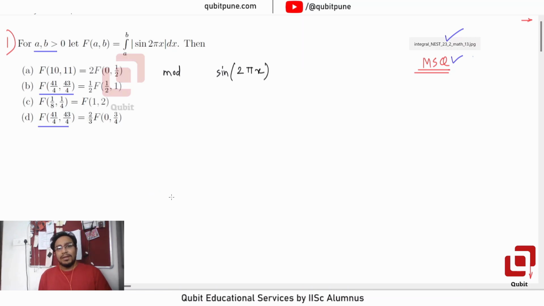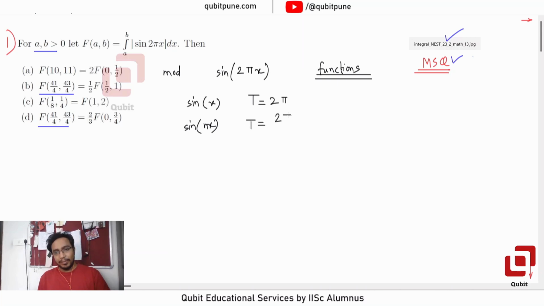Now one thing that we must know about periodic trigonometric functions: let's start with sin x. Sin x's smallest possible positive period is 2π, but when it comes to sine of nx, the period becomes 2π/n and not 2π.